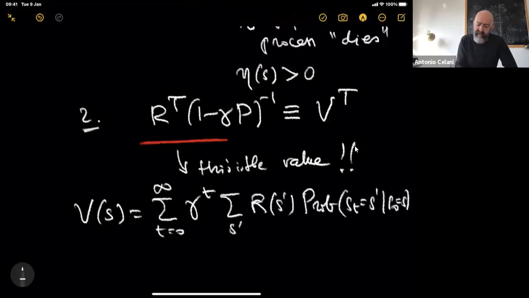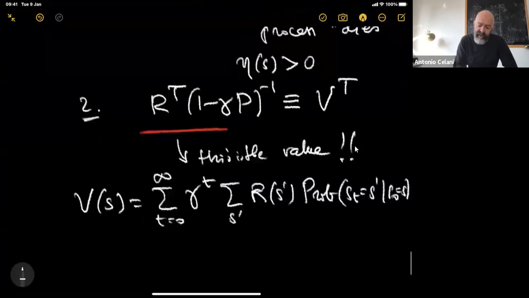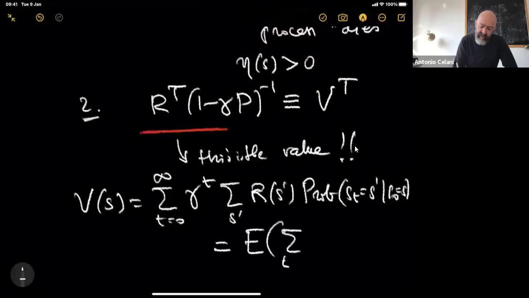But this is exactly the definition of the value function. It's exactly the expectation of what I get if I start from S and I end up here. So this is exactly the expectation of the sum over t going from 0 to infinity of gamma to the t of capital R of S_t.